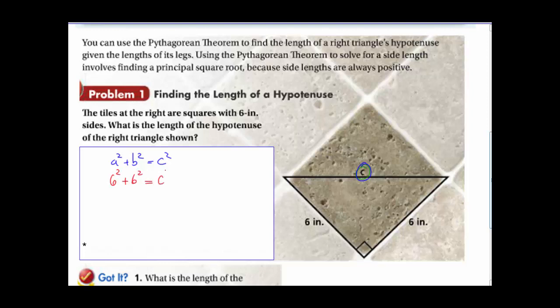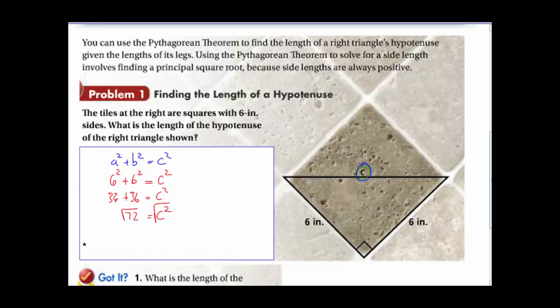When we solve and combine both legs, we get 36 plus 36, which is 72. So 72 is the length of that hypotenuse squared. How do we undo a square? We have to square root both sides.